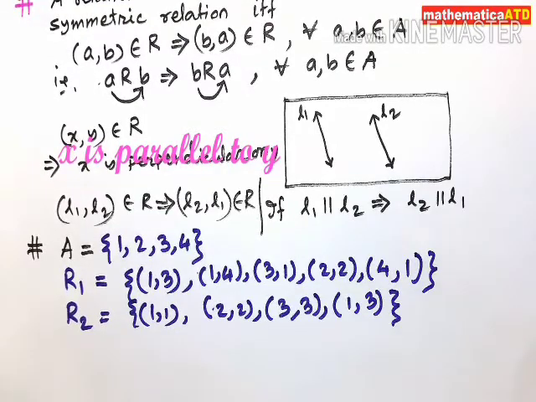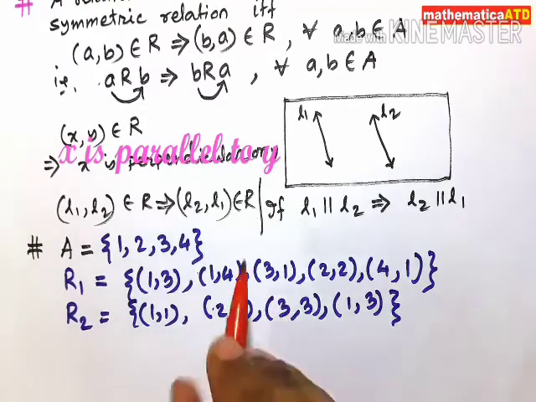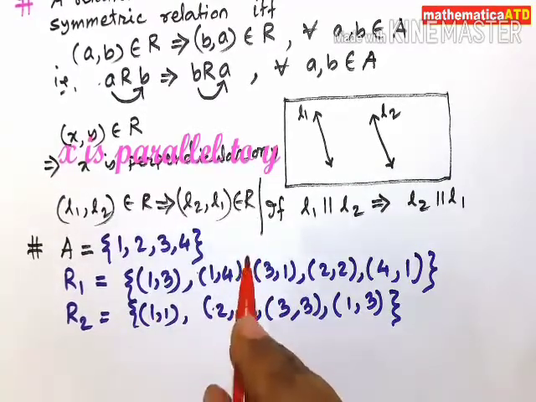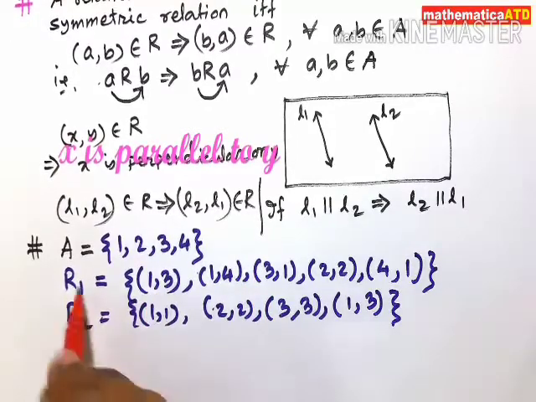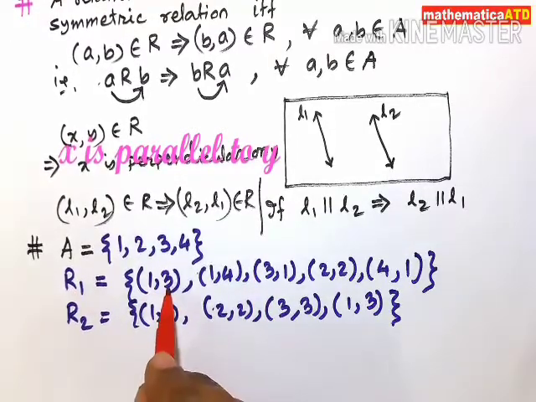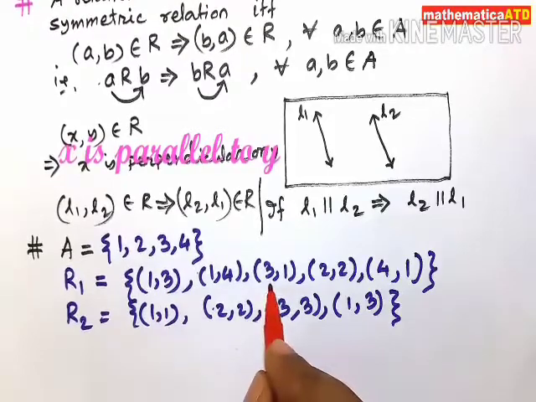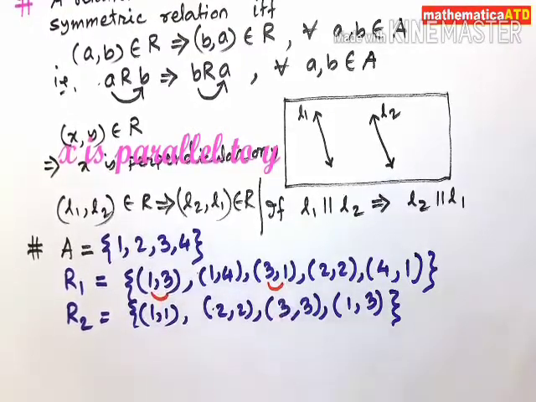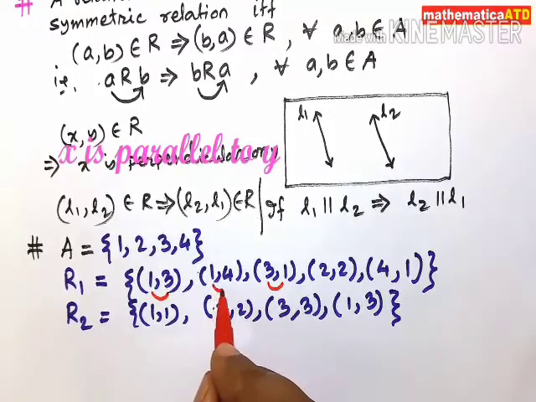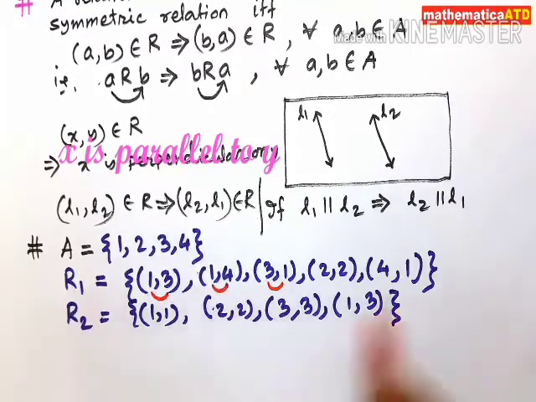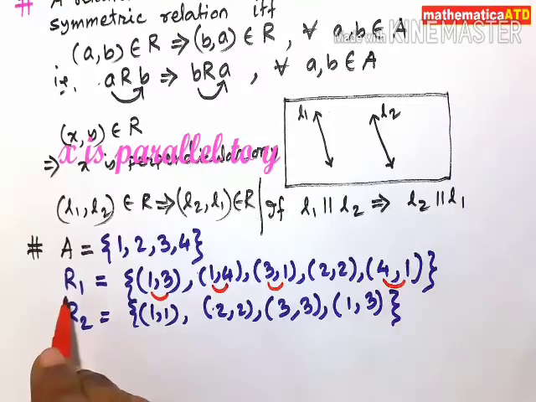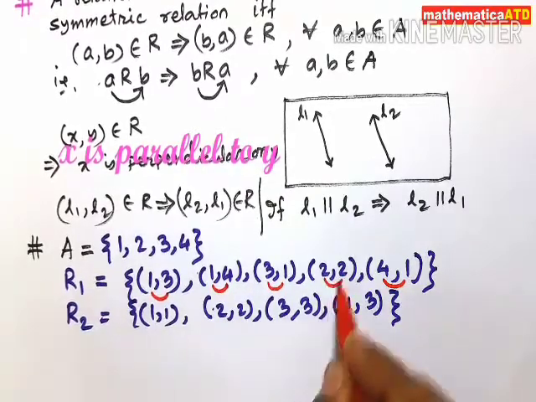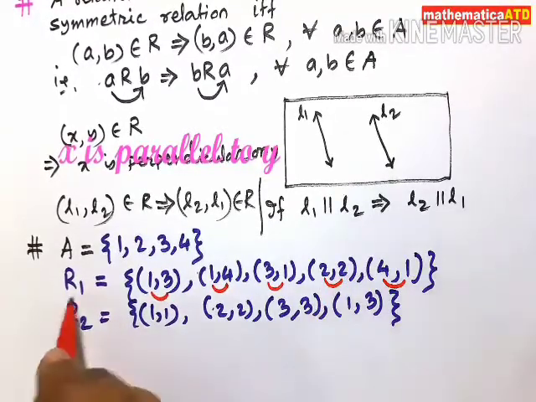From this, it is clear that R1 is a symmetric relation on A. However, R2 is not. You see that (1, 3) belongs to R1 and (3, 1) also belongs to R1. Next, (1, 4) belongs to R1 and (4, 1) also belongs to R1. (2, 2) belongs to R1, and its opposite (2, 2) also belongs to R1.